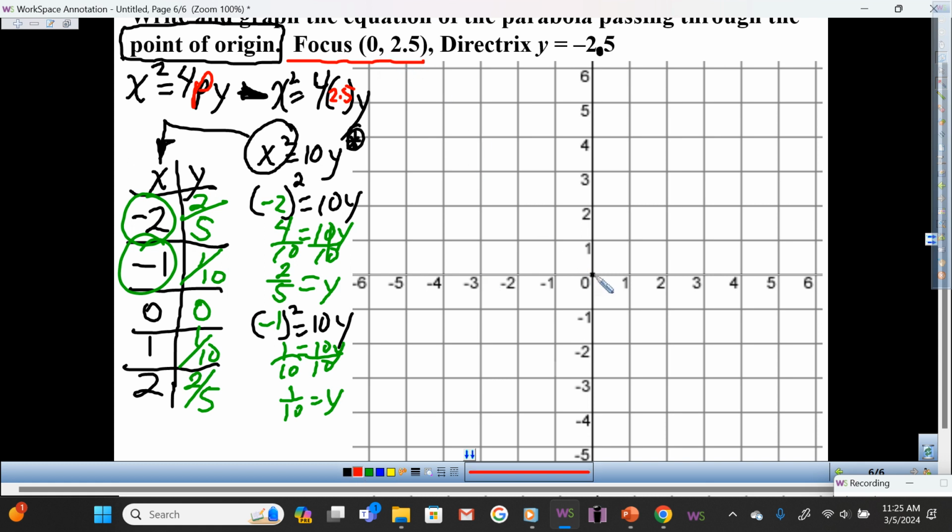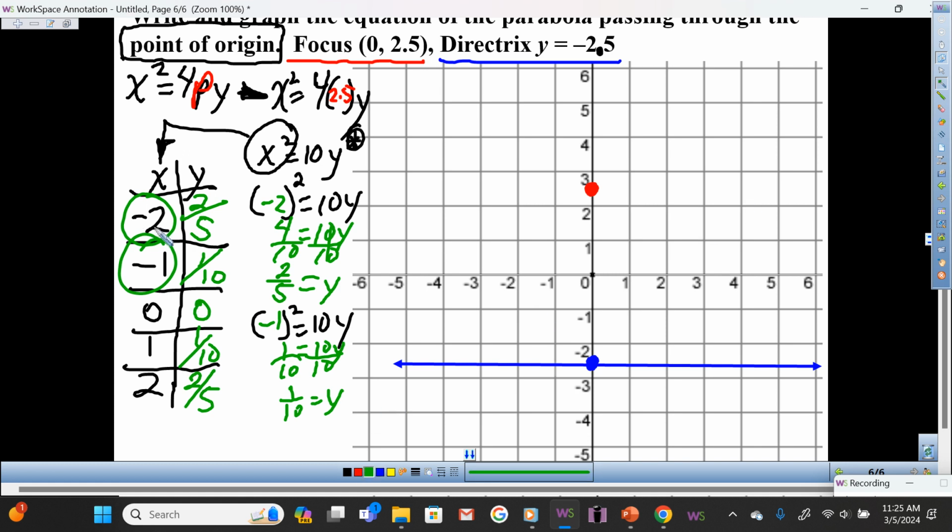0 to 2.5. 0, 2.5. It's right there. The directrix in blue at y equals -2.5. And now we just plot our points.